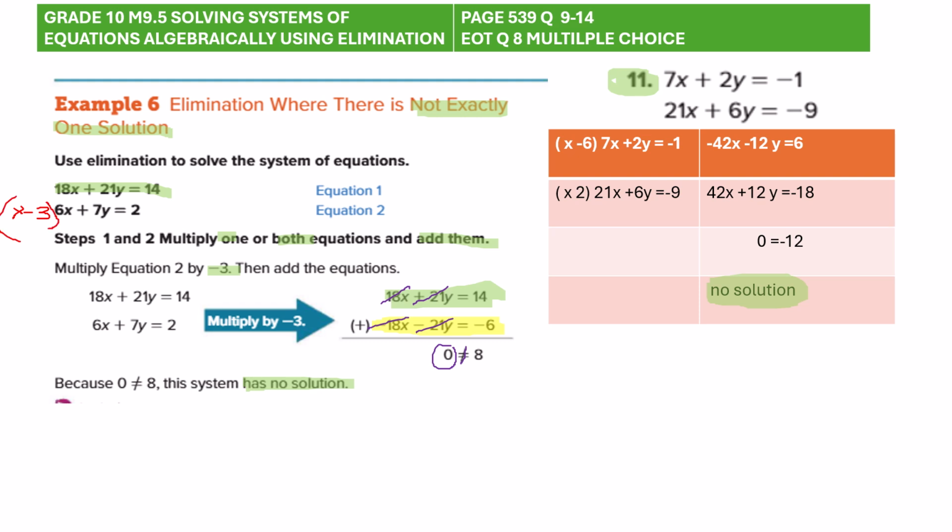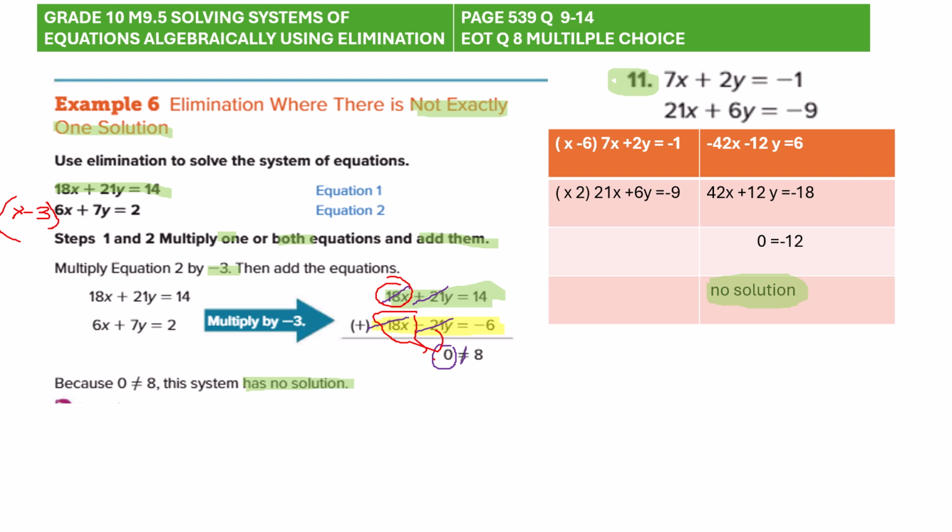When we multiply this, negative 3 multiplied by 6 gives us negative 18x minus 21y is equal to 6. This allows us to cancel positive 18x and negative 18x, and we get positive 21y cancelling with negative 21y.